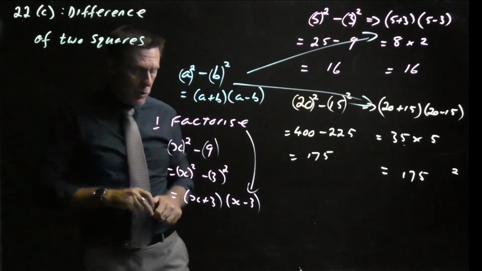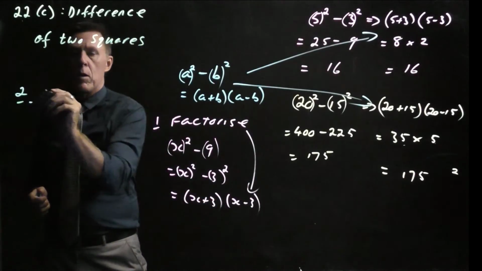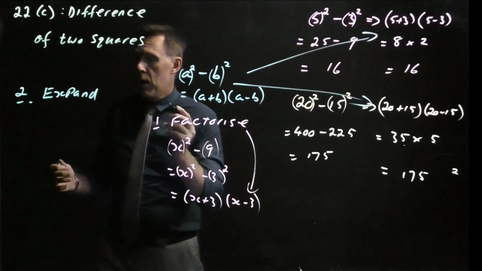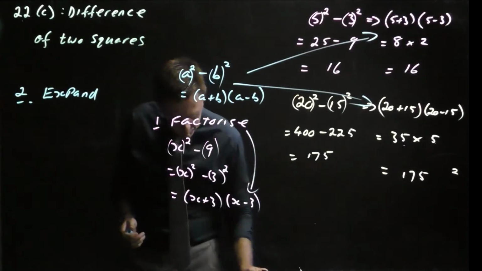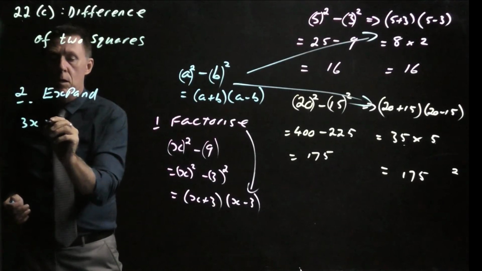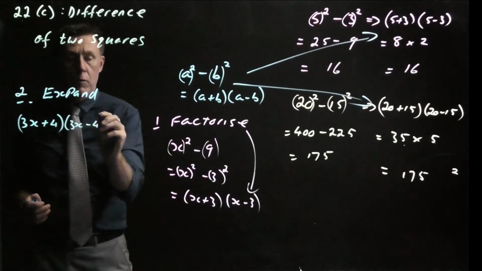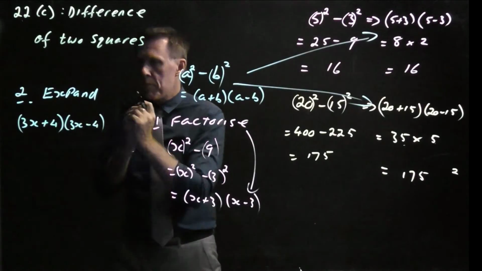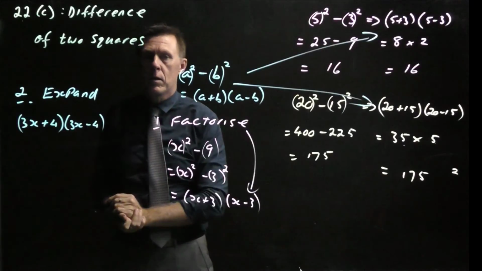Of course, you're going to have to do it in the reverse direction as well. You might get ones like this, where you're asked to expand. You might be asked to expand, for example, 3x plus 4 multiplied by 3x minus 4. When you get these, you need to look at it and say, is this the factorised version of the difference of two squares?